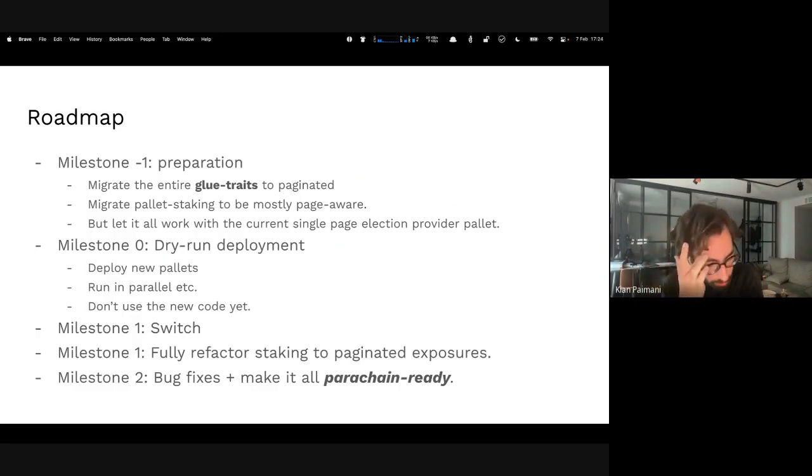I think the core problem that we cannot do it right now is that there's somewhere in the glue between the slashing code and staking where we expect staking to know all backers of all validators in one call, like in one go. And if we have multiple pages, then we need to check all of them. And that, I think, is too big of a change, or something in that API breaks, basically.